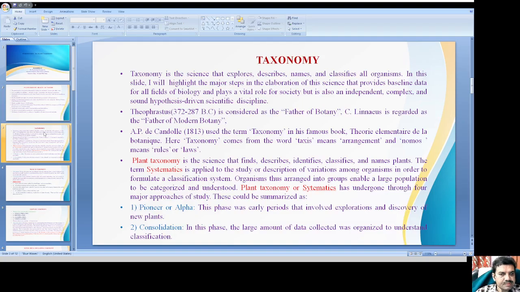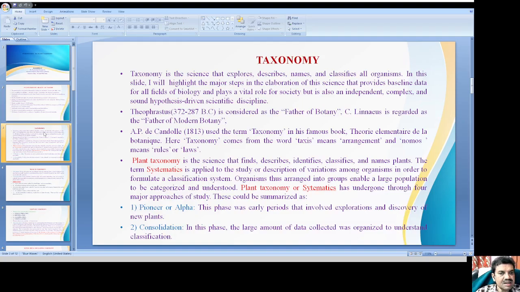Later on, different knowledge came into the field, but in the middle of the 18th century, the Swedish naturalist Carolus Linnaeus, who is also regarded as the father of modern botany, first made an attempt to identify plants and animals in very precise forms.